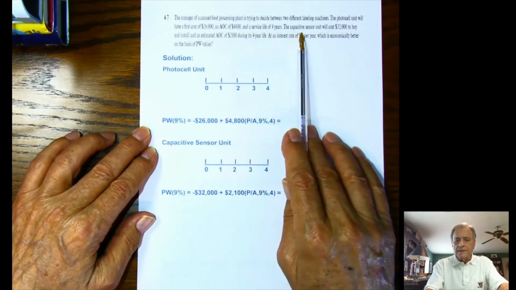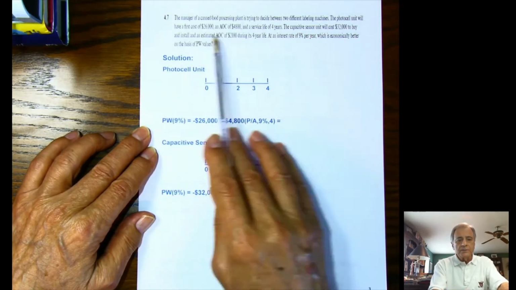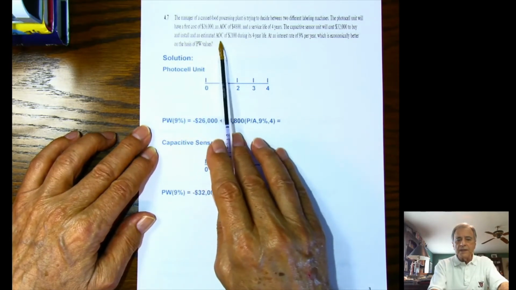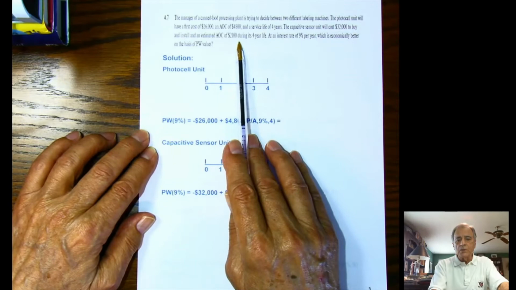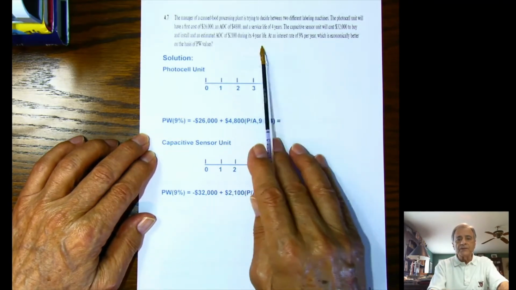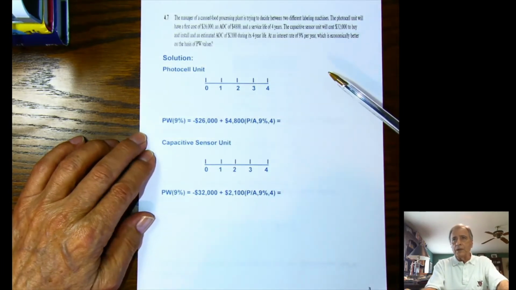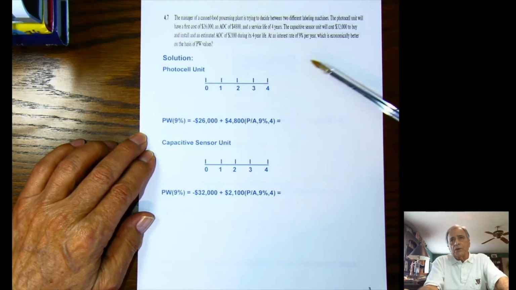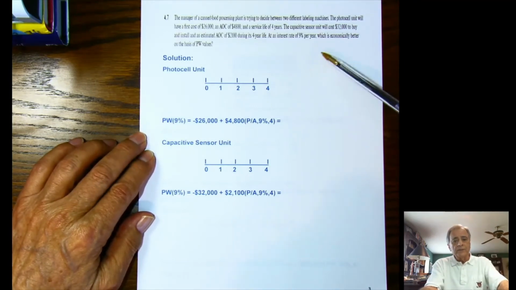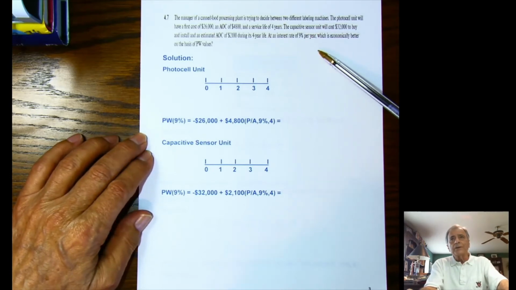The capacitive sensor unit will cost $32,000 to buy and install, and have an estimated annual operating cost of $2,100 during its 4-year life. So they both last 4 years. So this is an equal life, two alternatives, and we're trying to choose the best one. Now, there's no revenues given, so the do-nothing alternative is not an option.